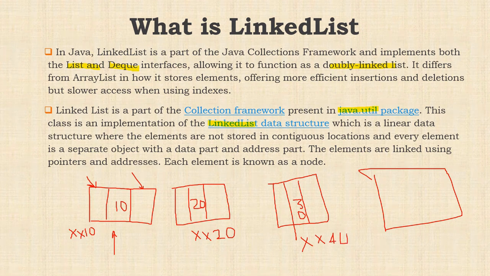Here there is no previous node in the case of the first element 10, so the value of previous will be null. And here it will store the address of the next node, which is xx20.